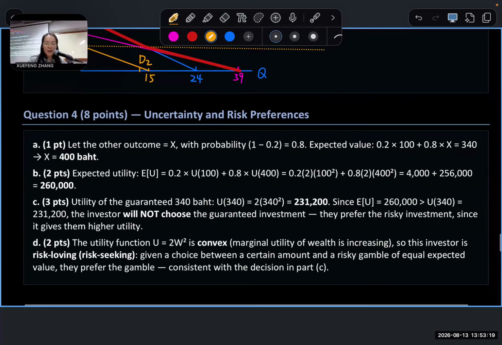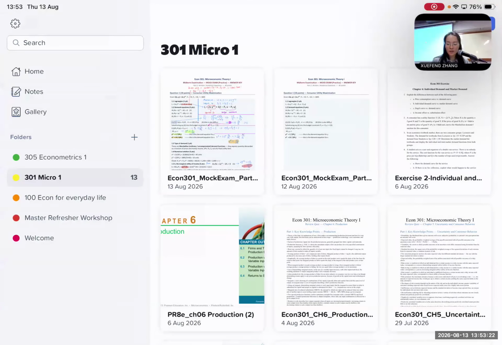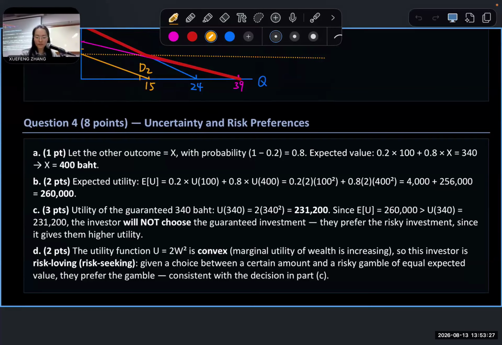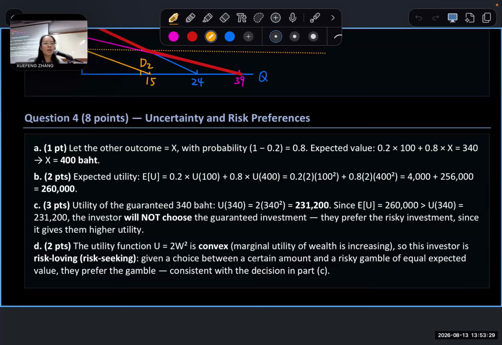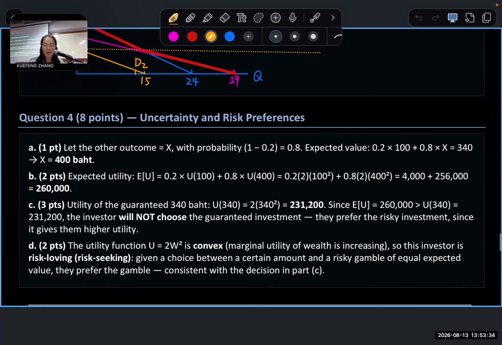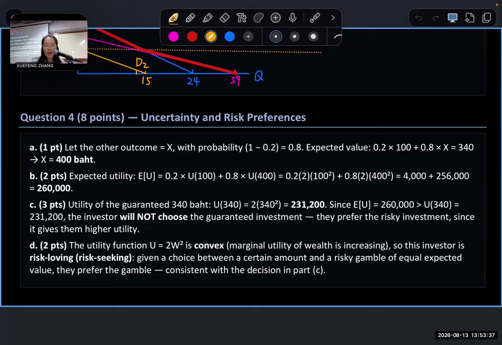Okay, so let me copy the question. Question 4A, what is the value of the other possible outcome? You just say the other possible outcome equals X. So right now for the risky one, 0.2 probability will get 100 baht, which means 0.8 for the other.